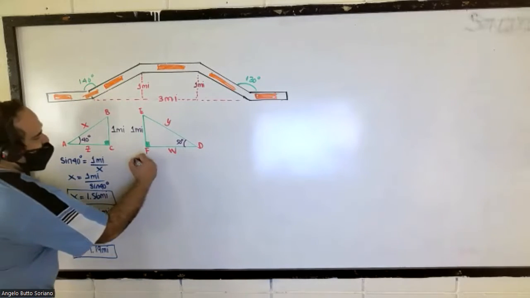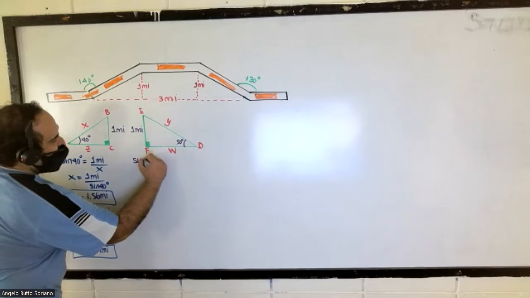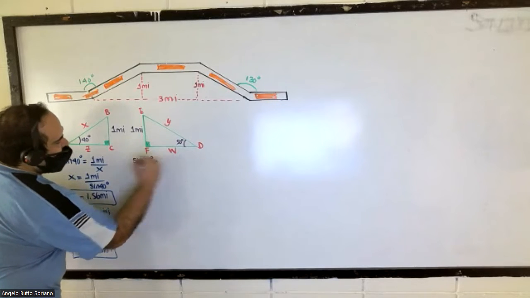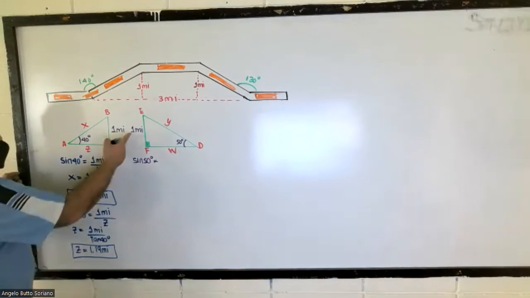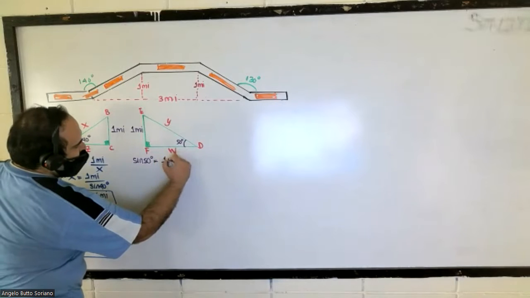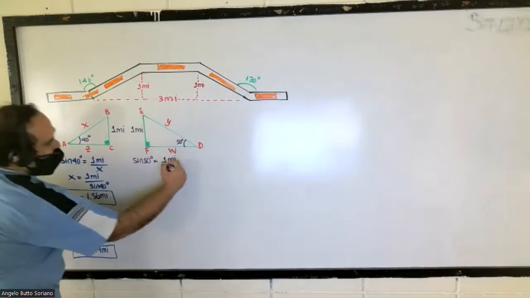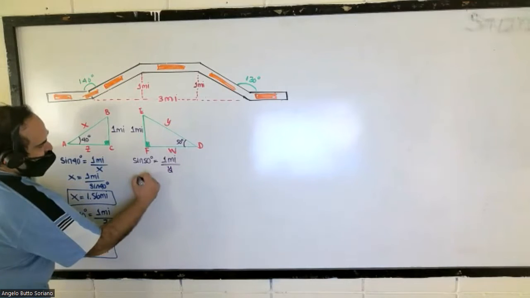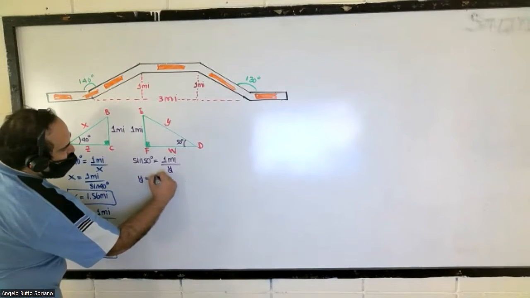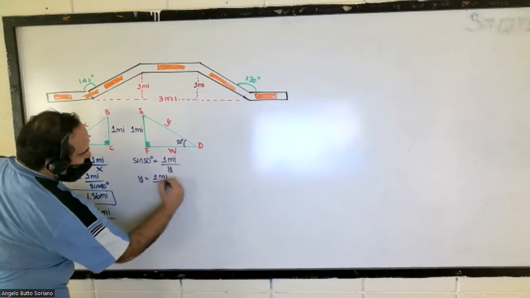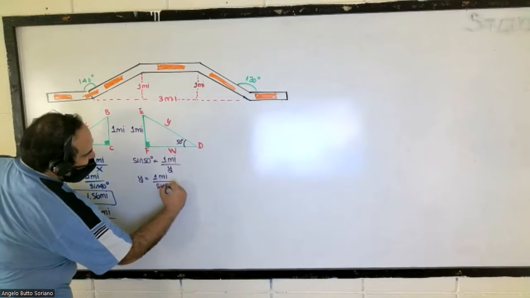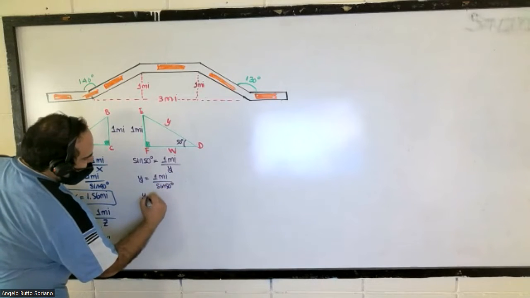I mean, sine 50 degrees will be equal to opposite, 1 mile, over hypotenuse. I mean the y-axis. So y will be equal to 1 mile over sine 50 degrees.